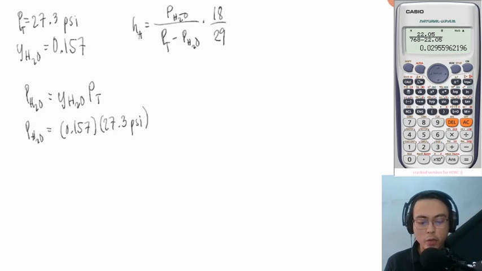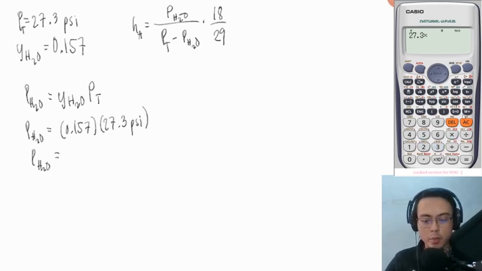So no need to convert psi here because it would just cancel. Okay, that's 27.3 times 0.157.